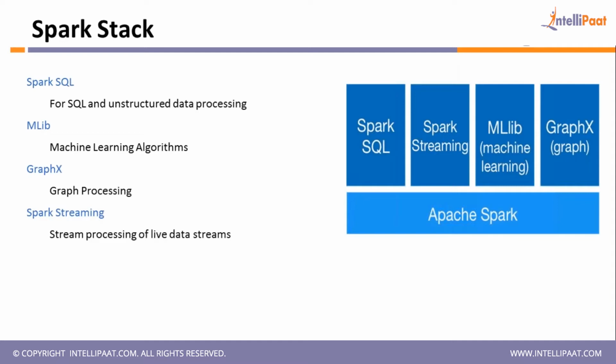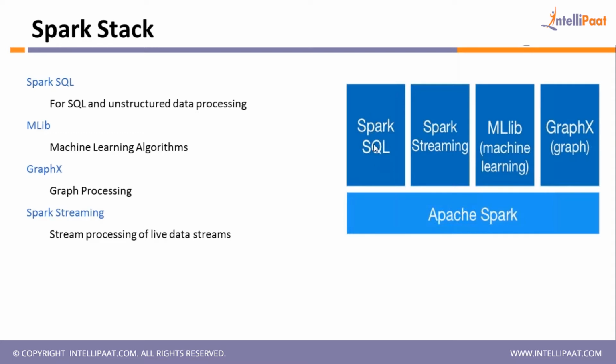Spark core provides the APIs for building and manipulating these datasets coming from heterogeneous sources and in different formats. So the base of Spark is the Apache Spark core. On top of that, we have different components.